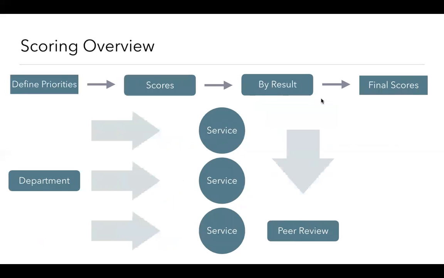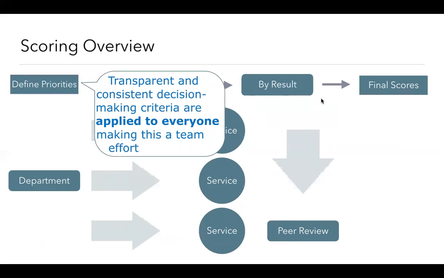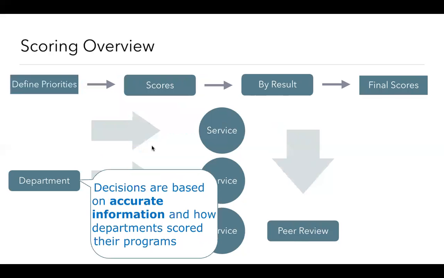The process throughout is really to provide transparency and consistency throughout the process. So we've defined priorities so that every single service that you all provide will be scored against the same criteria. So all community services will be scored against the community results. All the governance services will be scored against the governance results.